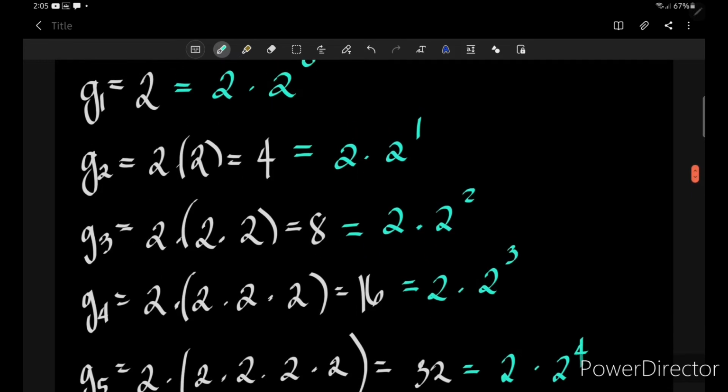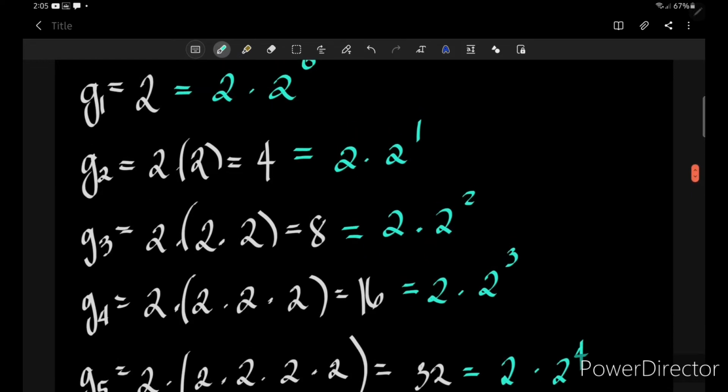Now, yung pattern na meron tayo sa ating sequences, G sub 1, if the subscript is 1, the exponent is 0. G sub 2, 1 ang exponent. Para naman sa subscript na 3, nagbawas ka ng isa at magkakaroon ka ng exponent na 2.